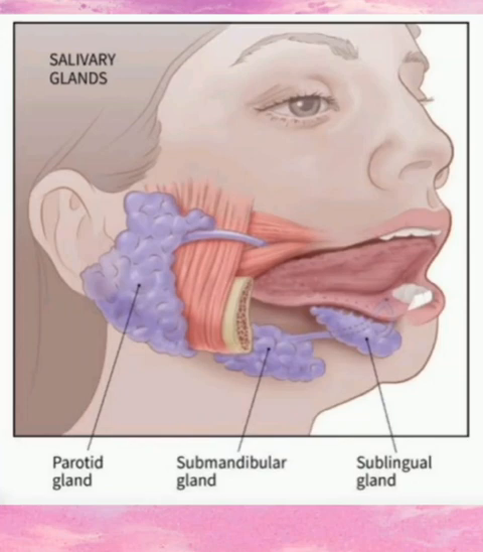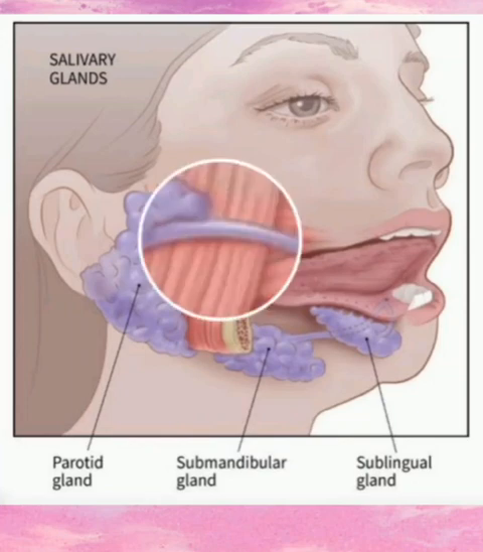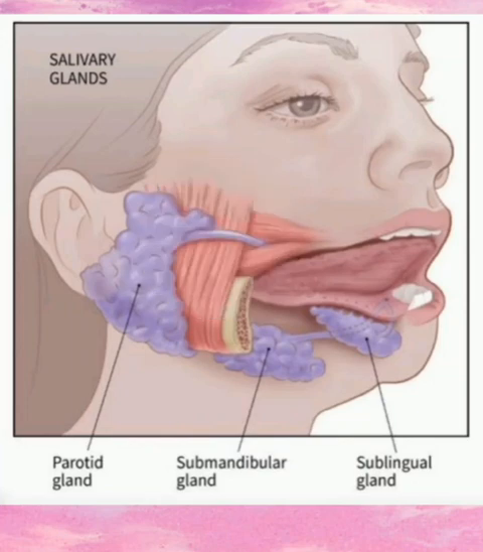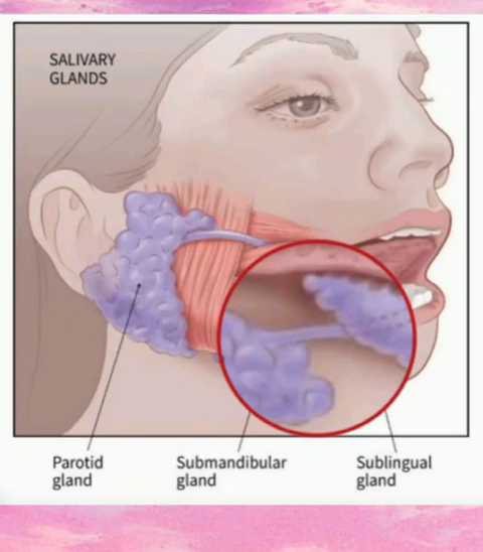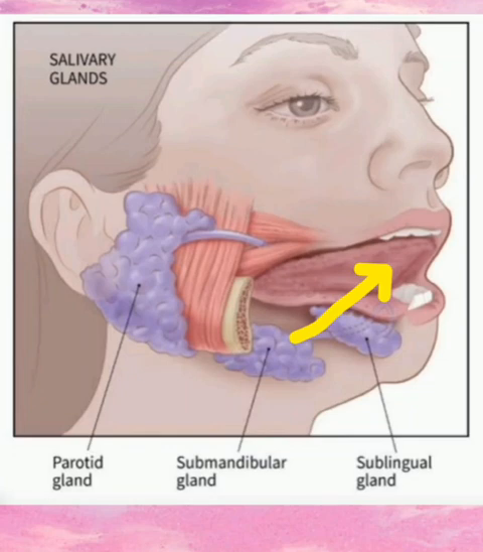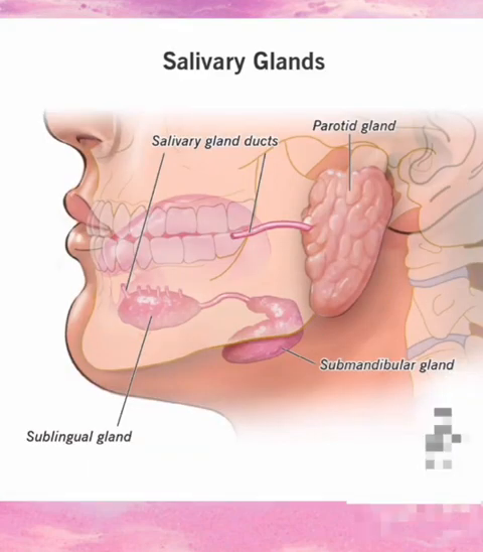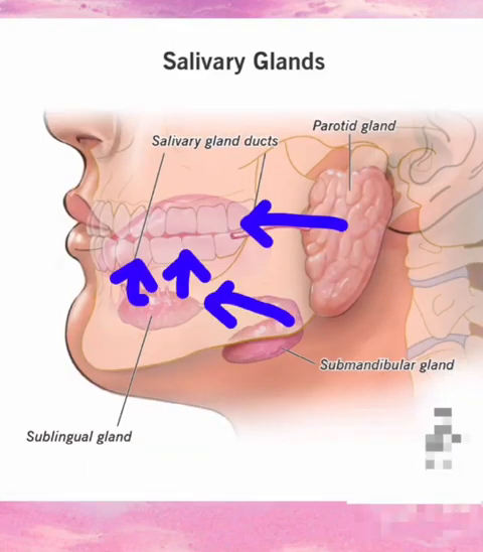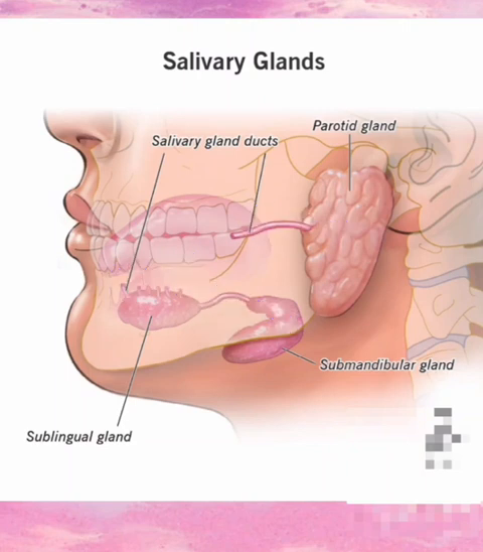You can clearly see the ducts here. These ducts transport the secreted saliva into the mouth. And remember, a small quantity of saliva is always secreted by these glands, all the time.